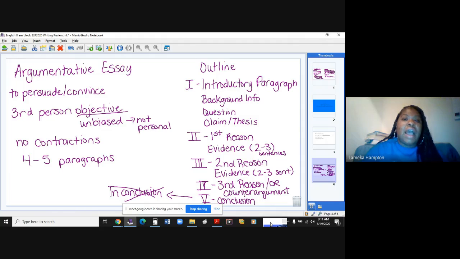Now, how we write paragraphs and essays and anything in writing is very important. As you can see on the screen, I wrote down third person objective. Now, third person goes back to the 8 parts of speech, which is pronouns.